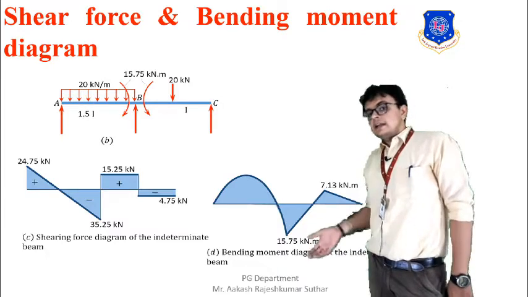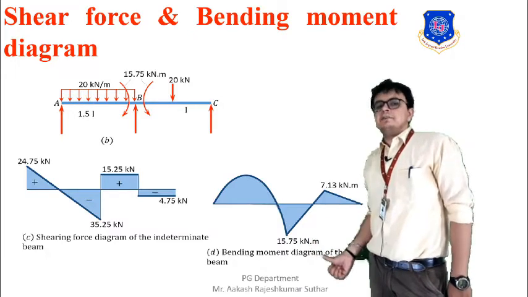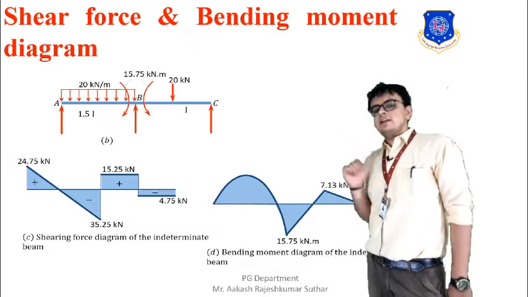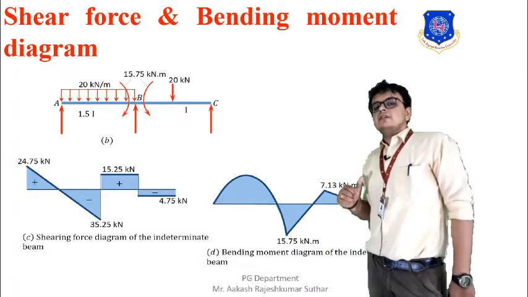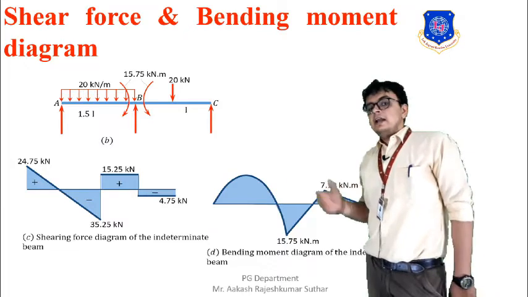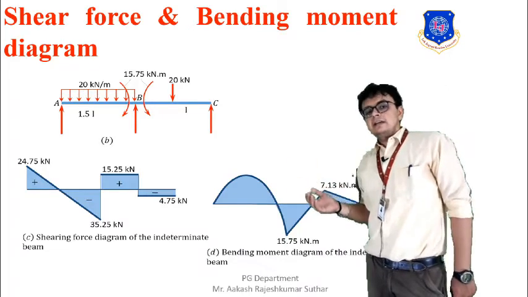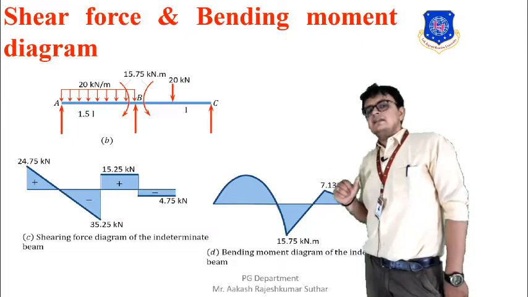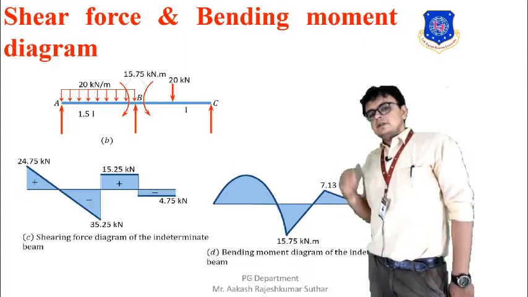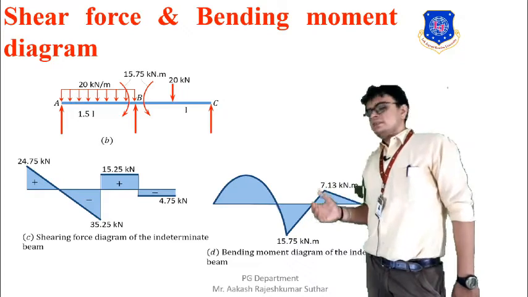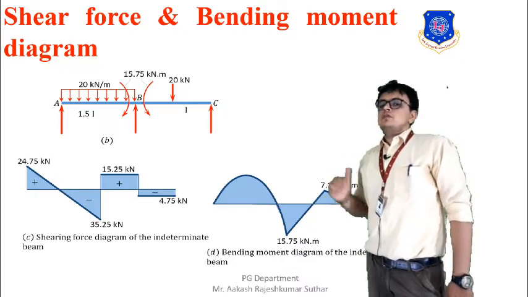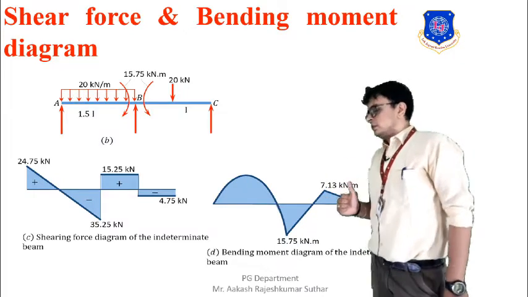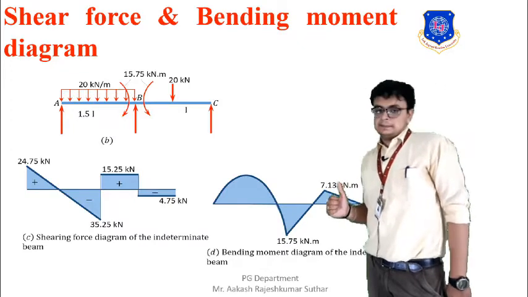Again there will be a reaction at B, so there will be an increment in the value and we will get 52.25 kilonewton. For span BC we have considered an equivalent load at the center, so again we are moving downwards and finally we get a 42.75 kilonewton reaction at C.